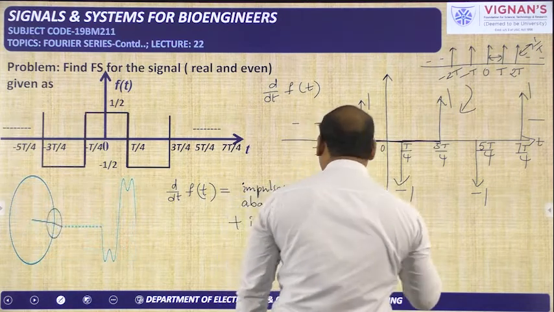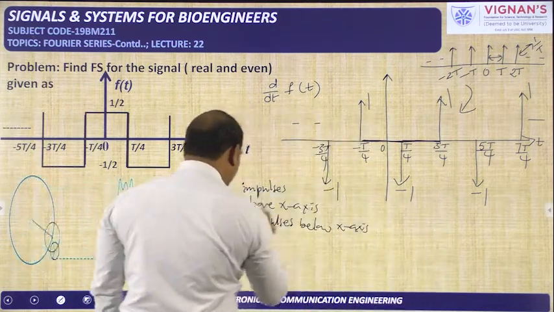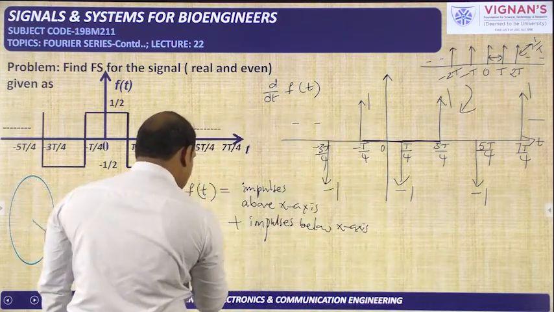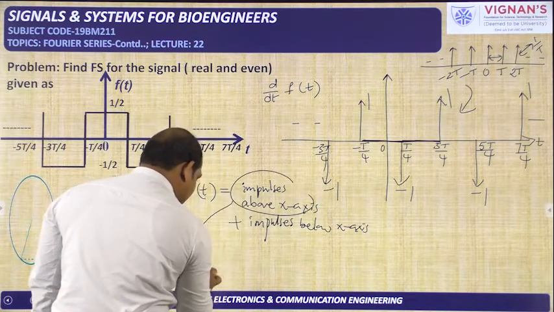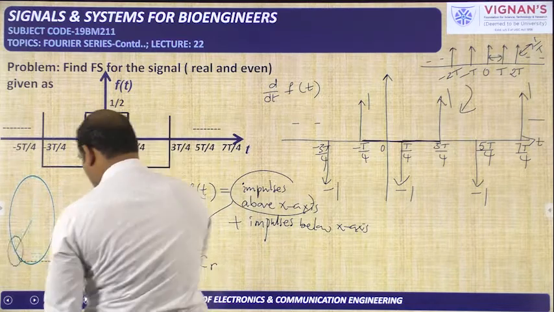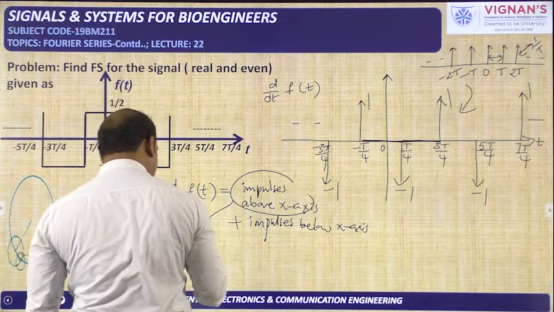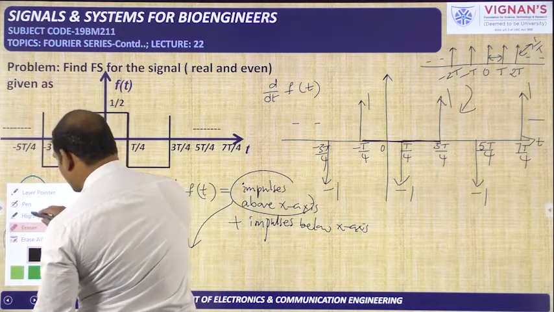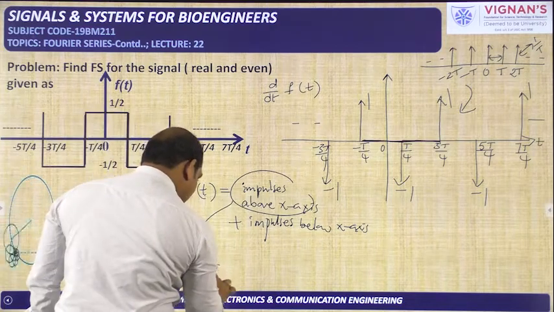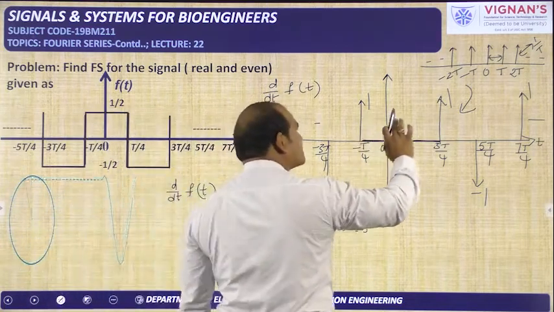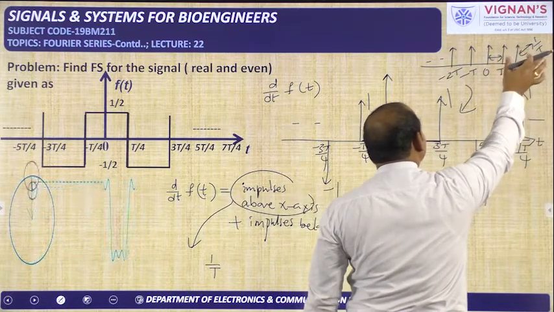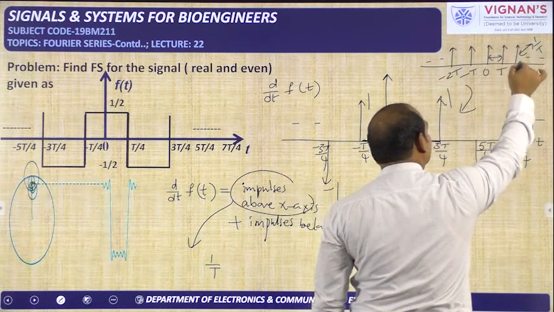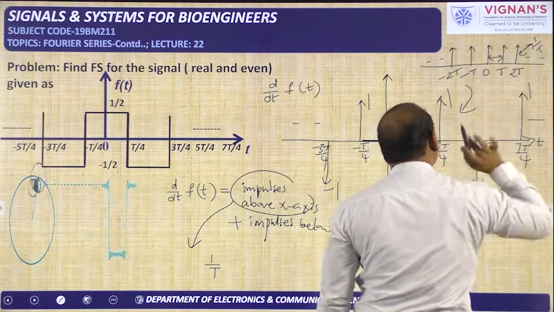So what we will get here, for this part we are writing the coefficient now. Instead of writing Cn, directly I am writing 1/T. So 1/T is for the coefficient of this particular impulse train signal where the impulses are available at 0, T, 2T and on this side -T, -2T, like that.